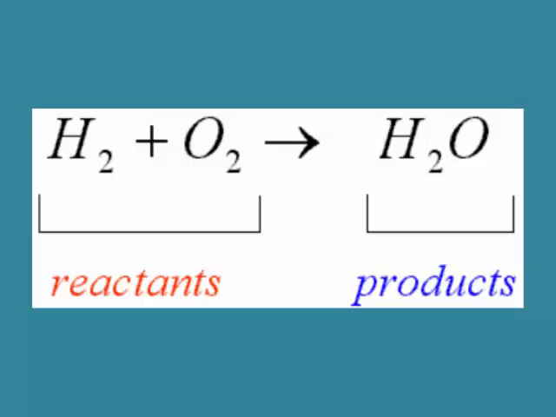Let's explore a chemical reaction equation using water. Water is a really well-known substance. Its chemical equation is H2O, so it's made from 2 hydrogen atoms and 1 oxygen atom. But how it's formed is from a hydrogen gas molecule and an oxygen gas molecule.